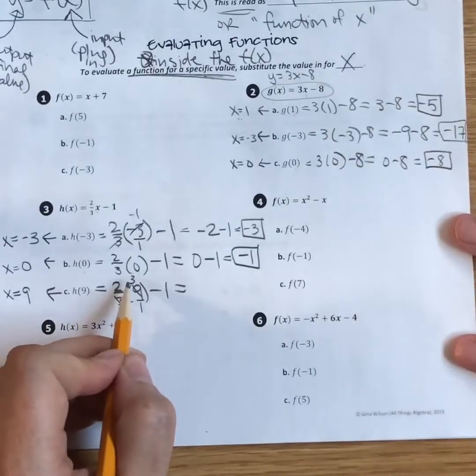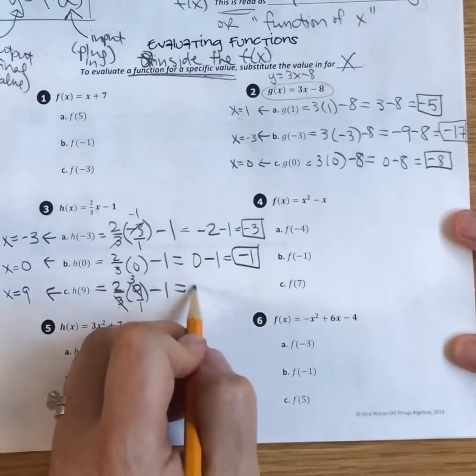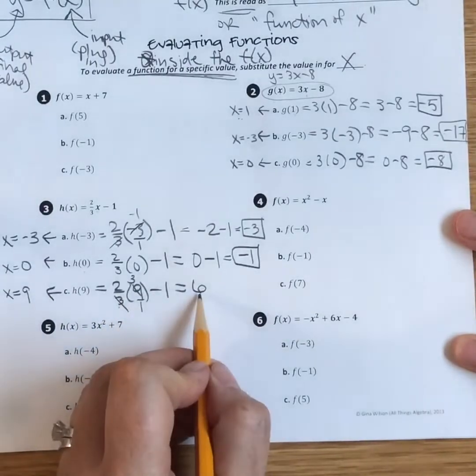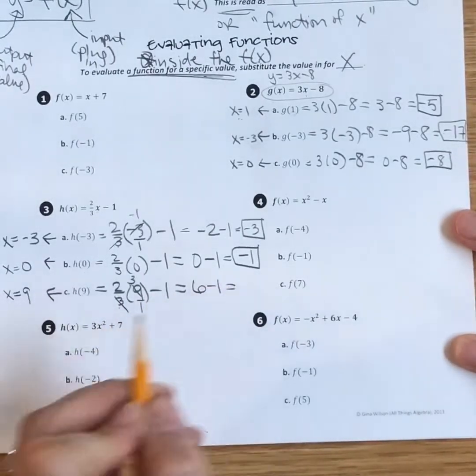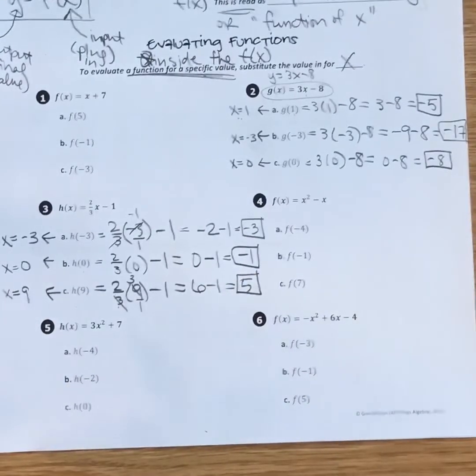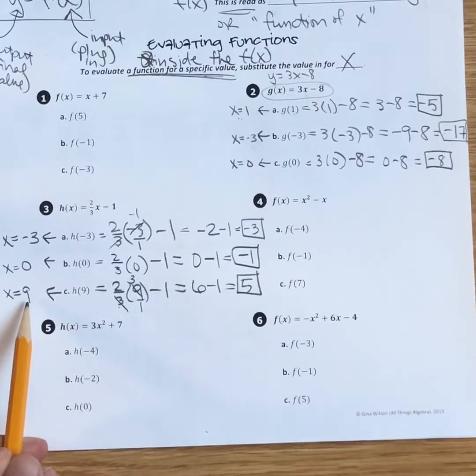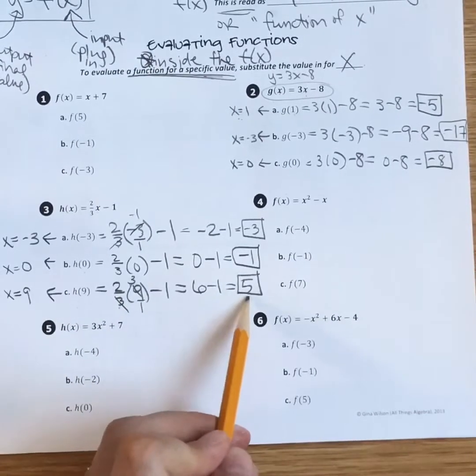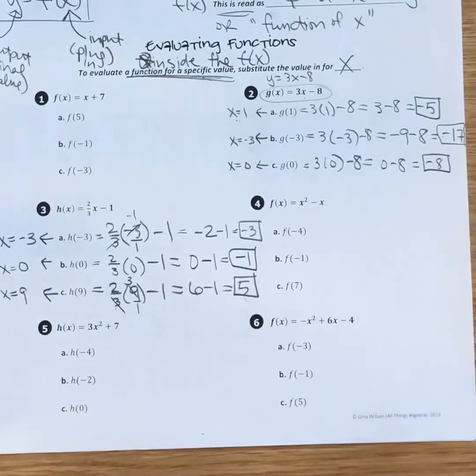So let's just multiply the numerators. 2 times 3 is 6. And again, like I said, we don't need to put it over 1 because it's a whole number. Minus 1, and we just finish the subtraction. It equals 5. So again, when x or the input is 9, the y or the output is 5. And we're going to talk more about this in class.